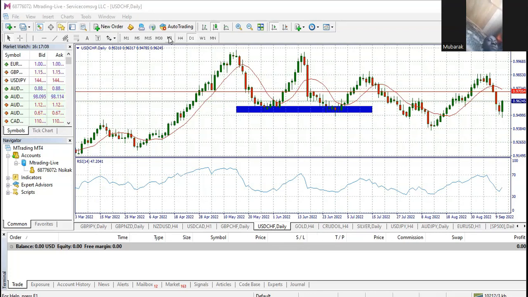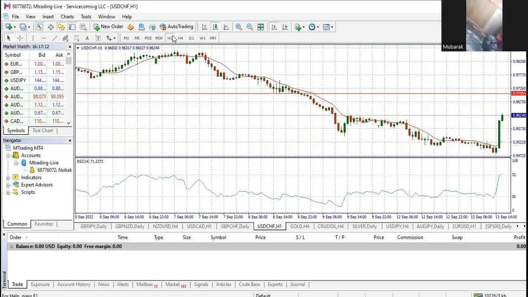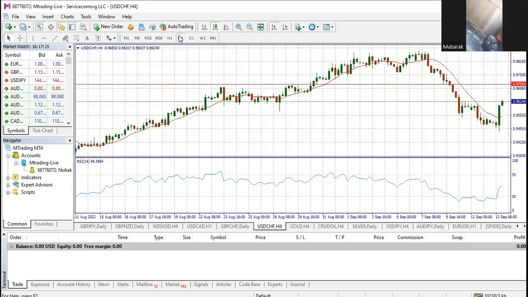So USDCHF is not supposed to go far from here. Let's use the Fibonacci tool to make a consideration.